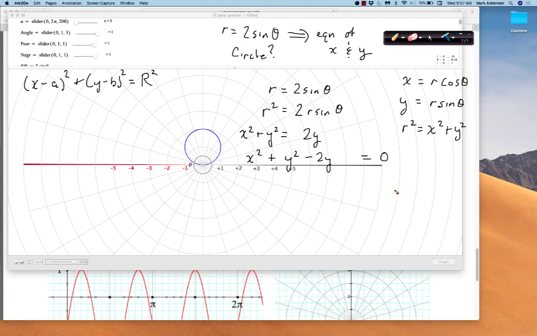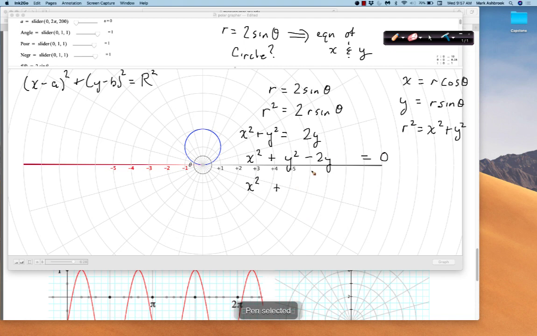So I move the 2y over because all the x's and y's are on the left in the equation of a circle. And then, so we got perfect squares here, right? Perfect squares. So that means I need to complete the square. Remember how to complete the square? So this is just simply (x minus 0) squared. That's fine because there's no x term. But this one, I've got to get it to look like (y minus something) squared.